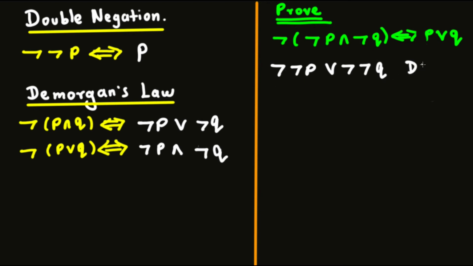This is De Morgan's theorem. Now the next thing, we can apply the double negation. Not not P is equal to P, and not not Q is equal to Q. So this is double negation. So we proved the whole thing is equal to P or Q. That's what they asked for.